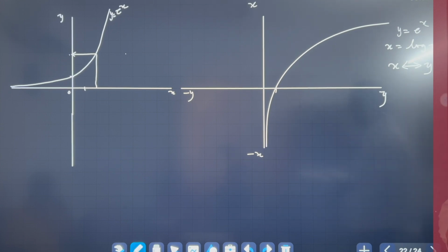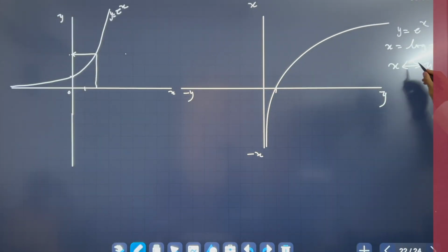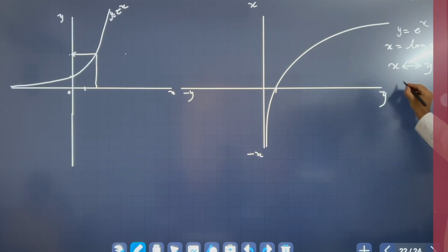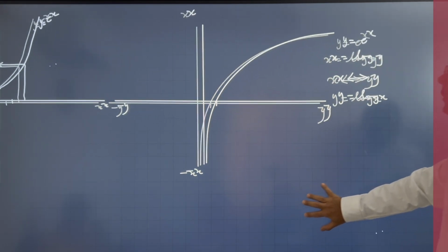Okay? No problem? I'll just change the name. So if I change the name like I'm doing here, then this expression will become y is equal to log x, right? After changing the name.